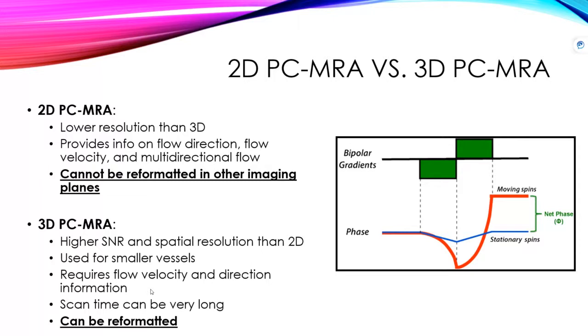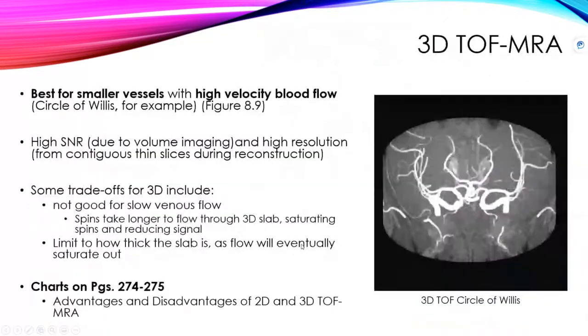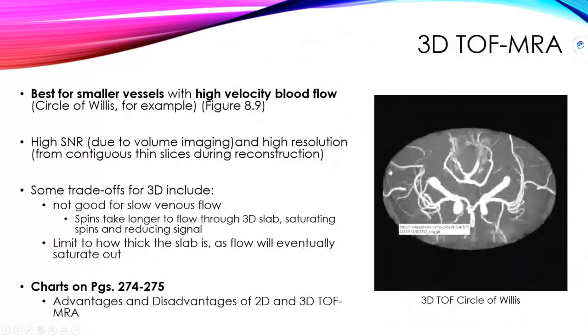If you're looking at carotids, for instance, you've got to say the direction of flow is bottom to top. If you're looking at venous, you've got to say my direction of flow is top to bottom. So those are things that you have to select on the console. But 3D can be reformatted, just like 3D MRA time of flight is reformatted here.